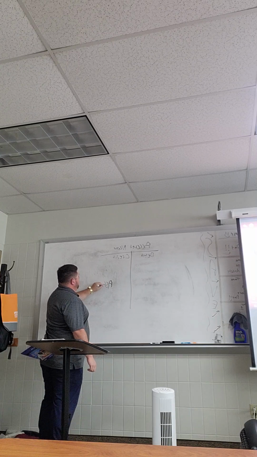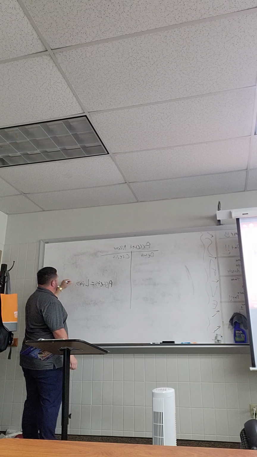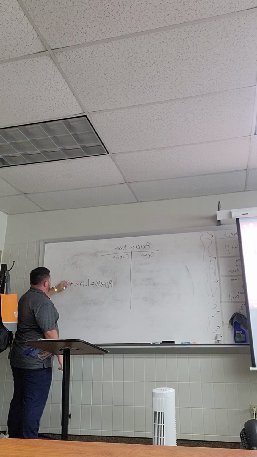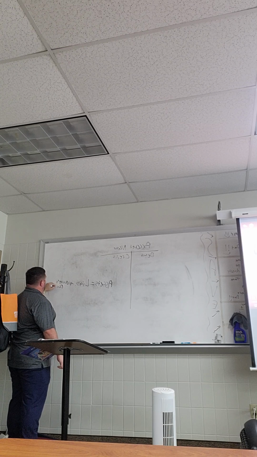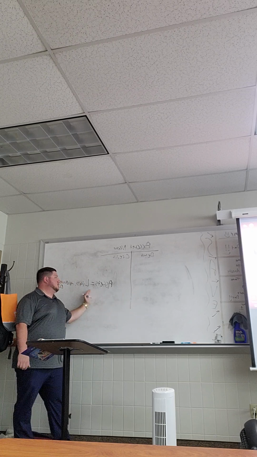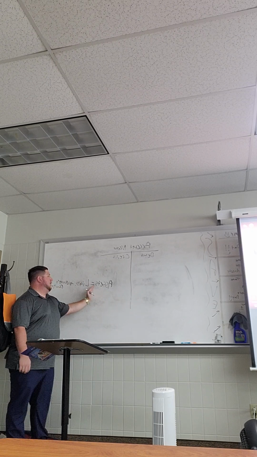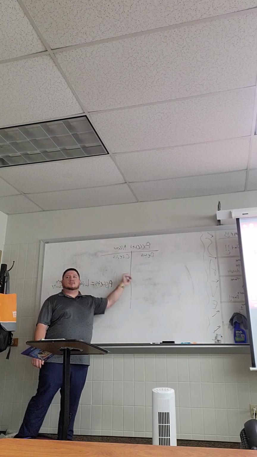You have assets equals liabilities plus owner's equity. Everything on this side of your equation is going to increase on the debit, on your assets. Everything on this side increases on the credit. It's very similar to your T account.